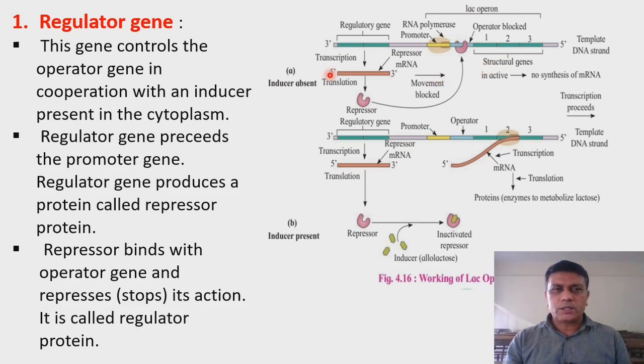So it controls the operator gene in cooperation with the help of the inducer present in the cytoplasm. Now the inducer which is present in the cytoplasm, here we can see the inducer, is the substance called allolactose.